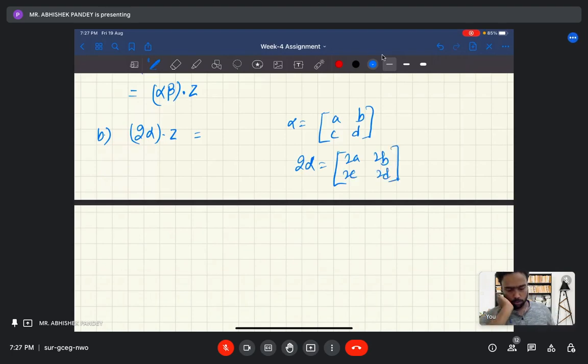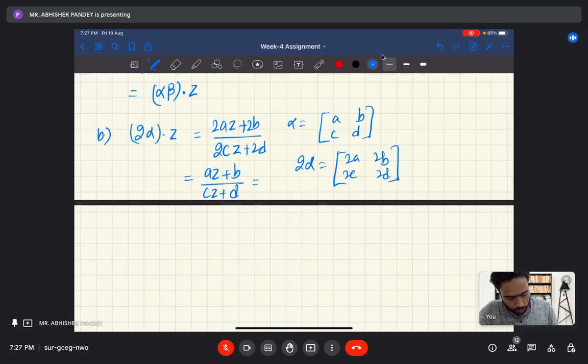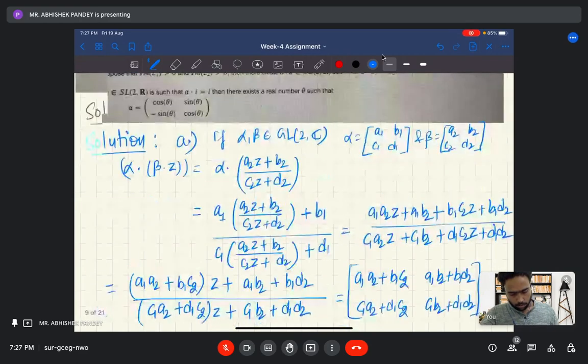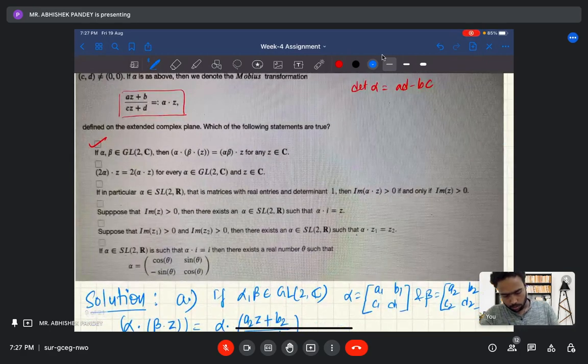So 2 alpha dot z will be 2a z plus b upon 2c z plus 2d. So this is nothing but az plus b upon cz plus d, which is alpha dot z. So this is wrong.